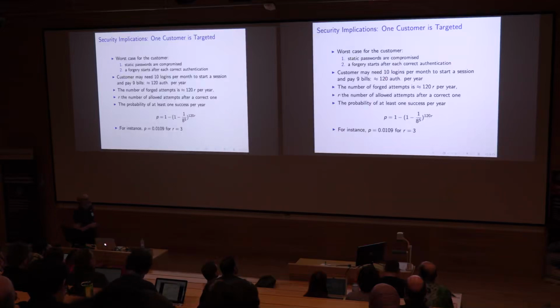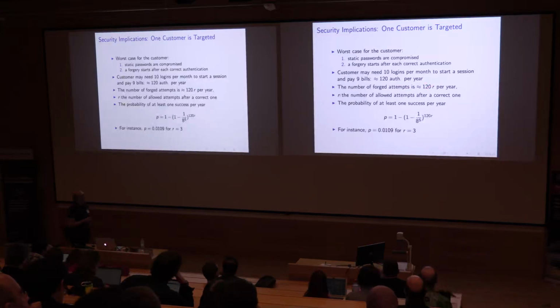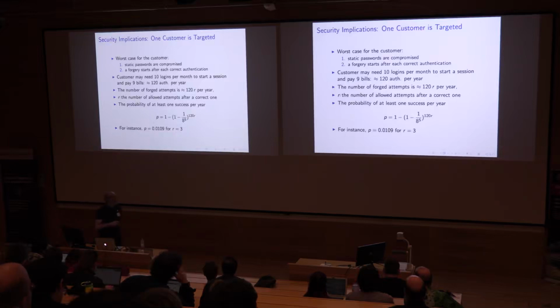But in fact, from my experience, I used DIGIPASS more often than that, though some people do not use it so often. In this case, the number of possible forged attempts is 120 times R, where R is the number of allowed attempts after a correct one. In my bank, R is 3, and I believe that in many banks it is like that.